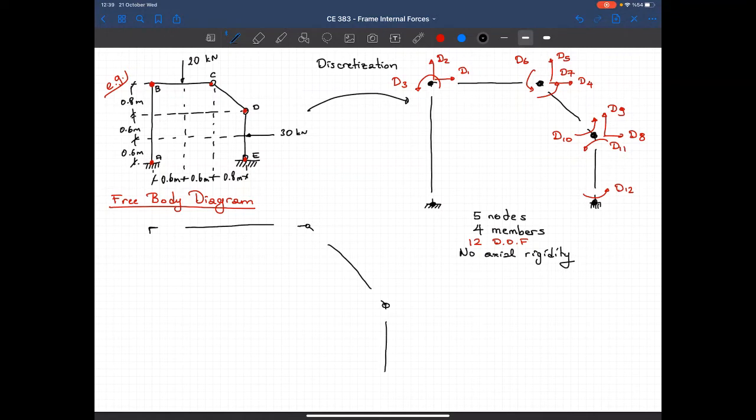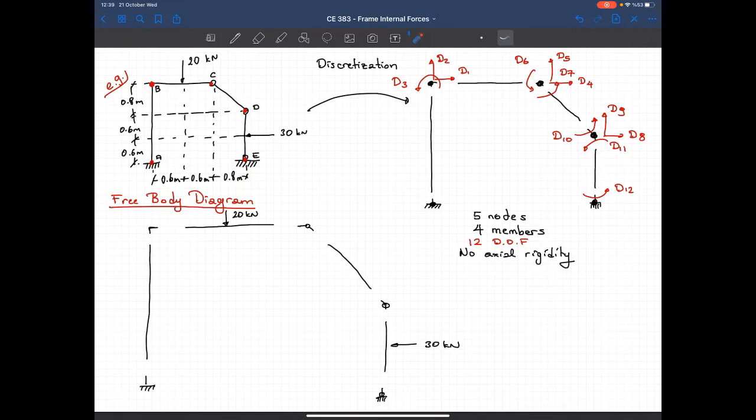I'm just showing all the nodes and members. Let's show the loads. So I have 20 kilonewtons here and 30 kilonewtons here. Now the question is, where do I start?